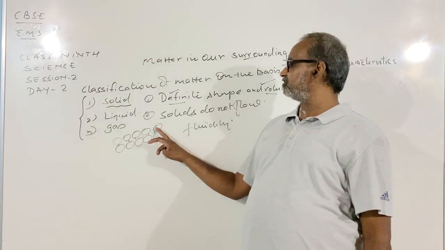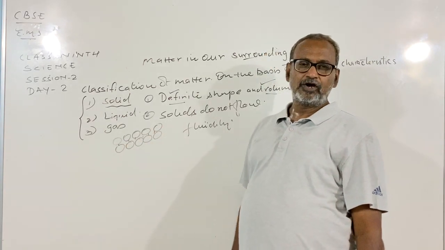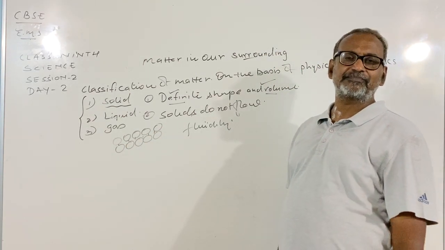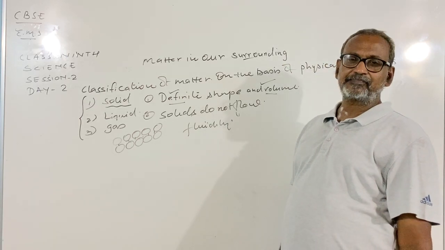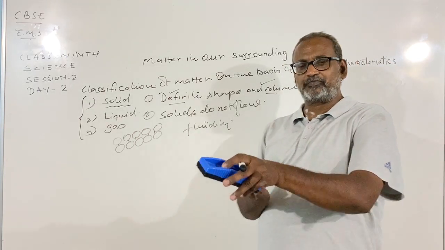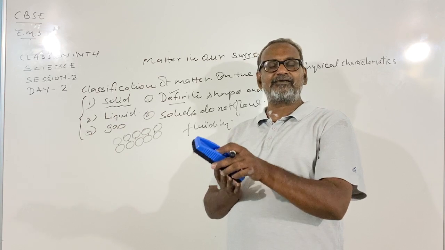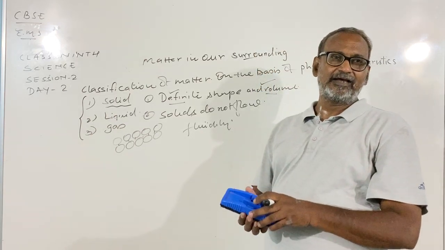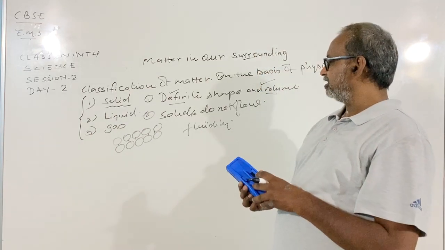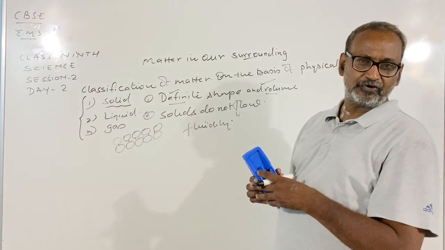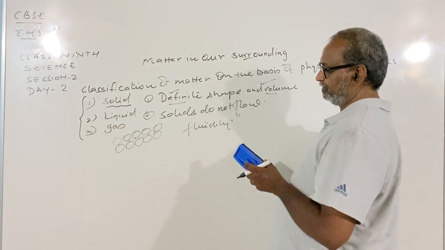Solid state में जो layers होती हैं particles की, वो एक strong interparticle forces से बंधी होती हैं और ये interparticle forces उनको एक दूसरे के ऊपर slip होने या slide होने से रोकते हैं. And on account of this, the solids do not flow. Solids flow नहीं होते.